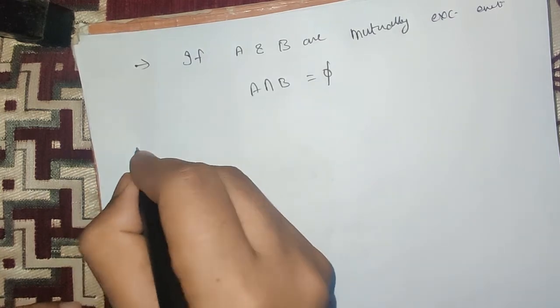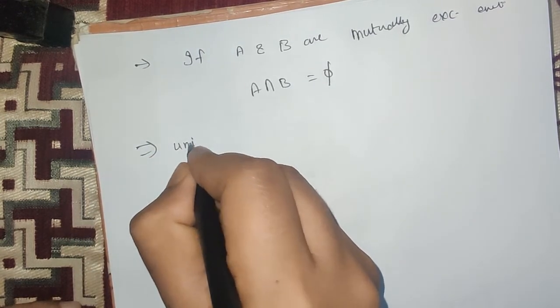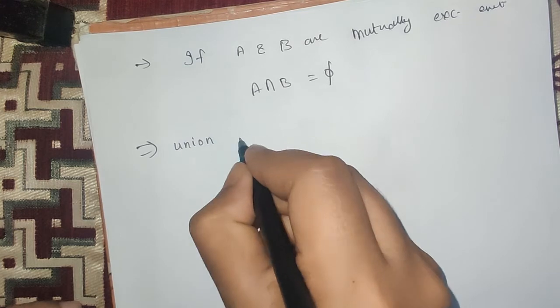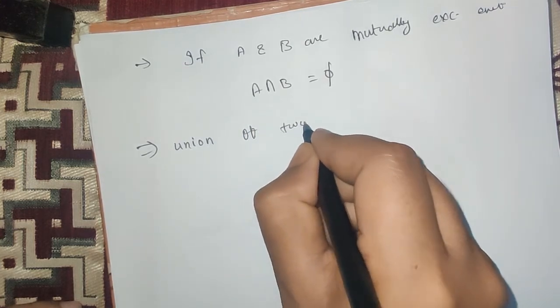Now we will discuss union of events. We have discussed intersection, now union of two events.